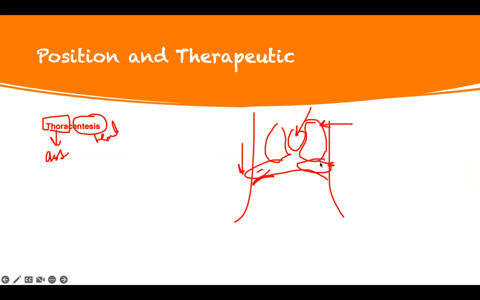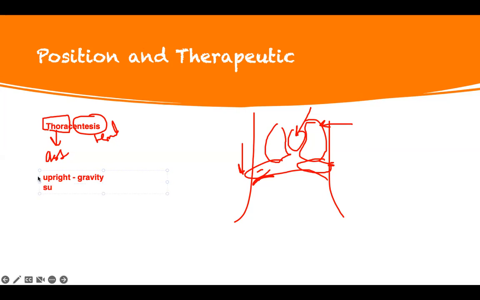So upright position is the best way to do the procedure. Upright will provide some gravity. And then they have to put their hands stretched on something on the table, the same thing as the paracentesis.